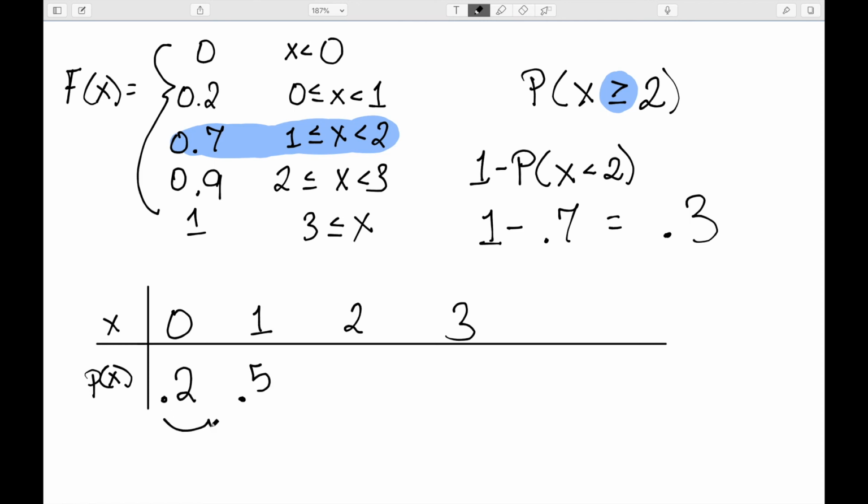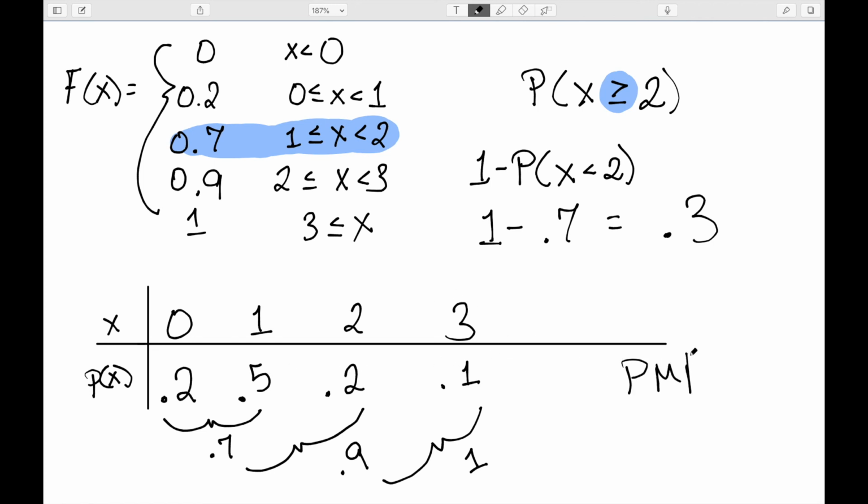So we get 0.5, so that this adds to 0.7. 0.7 plus my next value should be 0.9. So that one would be 0.2. Since 0.7 plus 0.2 is 0.9. Finally, to get from 0.9 to 1, we need to add 0.1. So these values here, the 0.2, 0.5, 0.2, and 0.1, this would be my probability mass function.